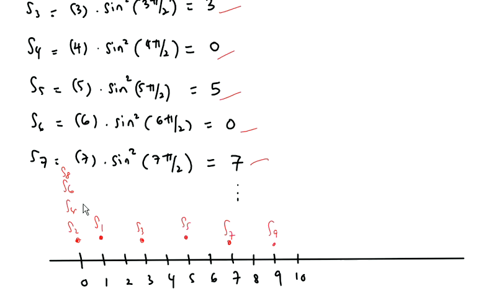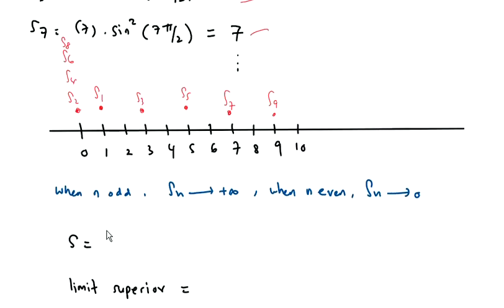So there are two subsequences in the sequence S sub n. The first one is when n is an odd number: S1, S3, S5, S7, and so on. This subsequence approaches positive infinity.